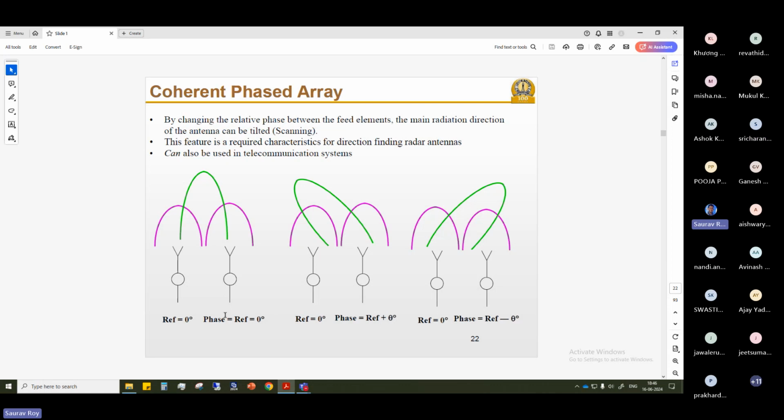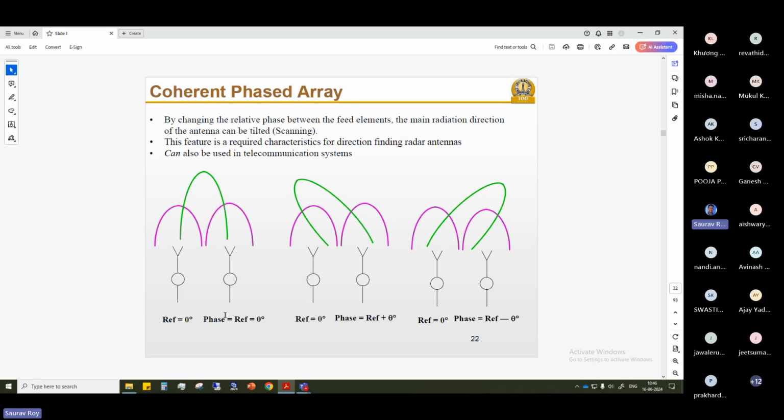Exactly here also you are feeding both the antennas with the same carrier signal. It's not like one carrier is generated from one oscillator and another carrier from another oscillator. If you do that, even though they are the same company, same batch, they will not be exact. There will be some phase difference between them, which makes it non-ideal. That's why it's called a coherent phased array.